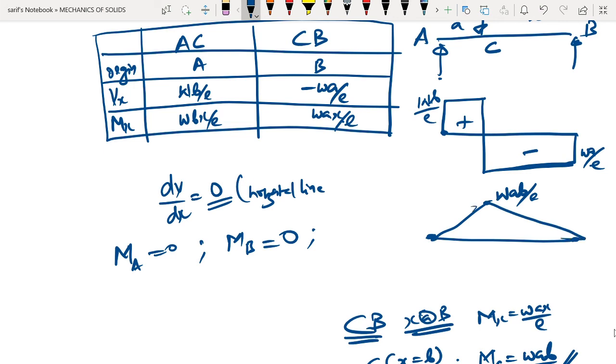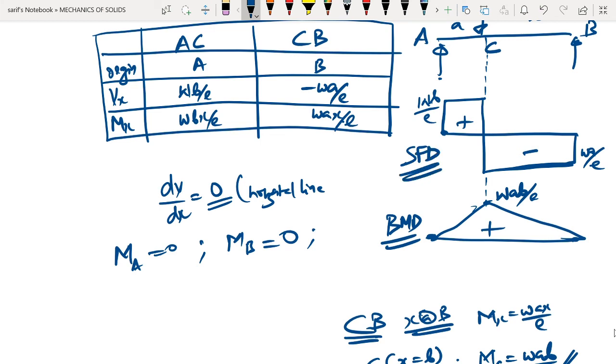Here again, one thing we have to notice is that the maximum of the bending moment is coming right below the loading. The maximum of the bending moment diagram is coming right below the loading, and this is also a sagging bending moment diagram.